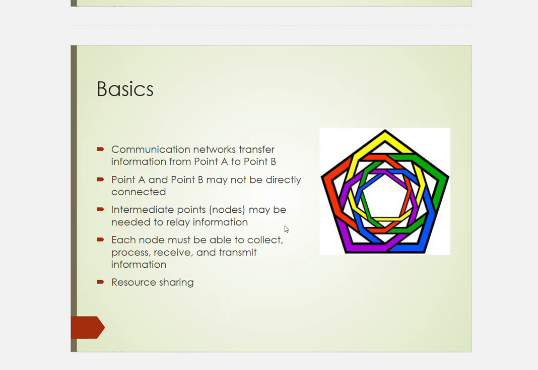Each node within the network must be able to collect, process, receive, and transmit information. It's all about resource sharing.